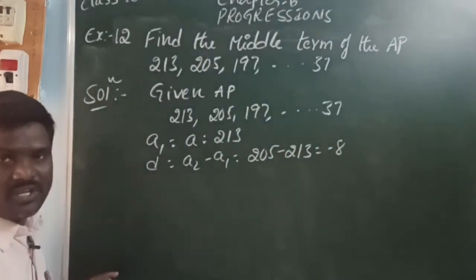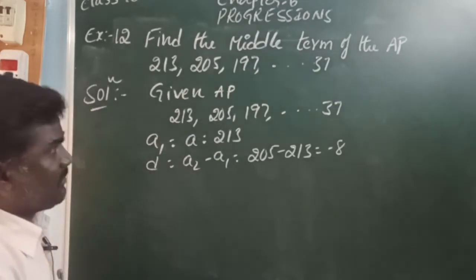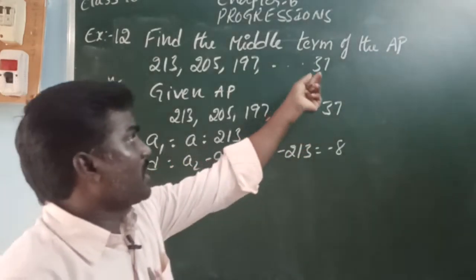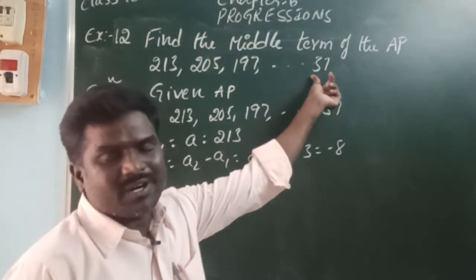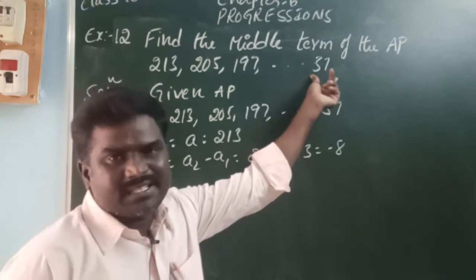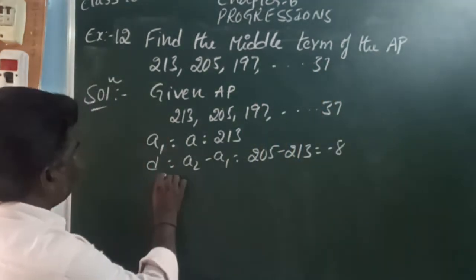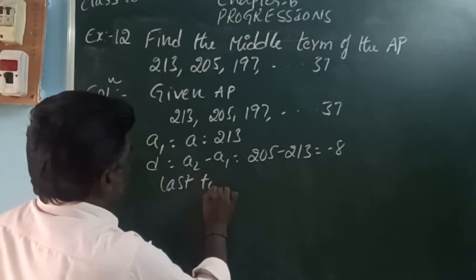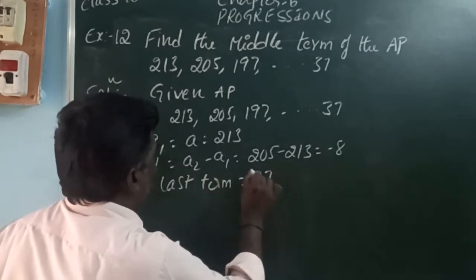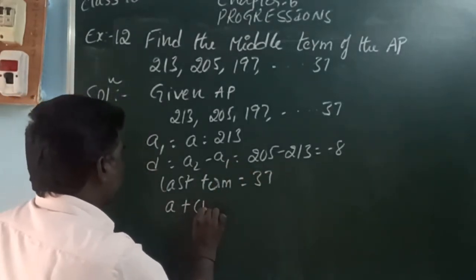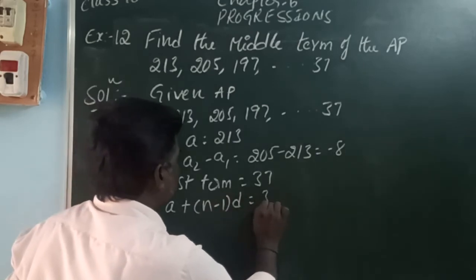Minus 8. So here, how can we find the number of terms? By using the last term. So what is the last term? 37. What is the formula for the last term? a plus (n minus 1) into d. So here a plus (n minus 1) into d is equal to 37.